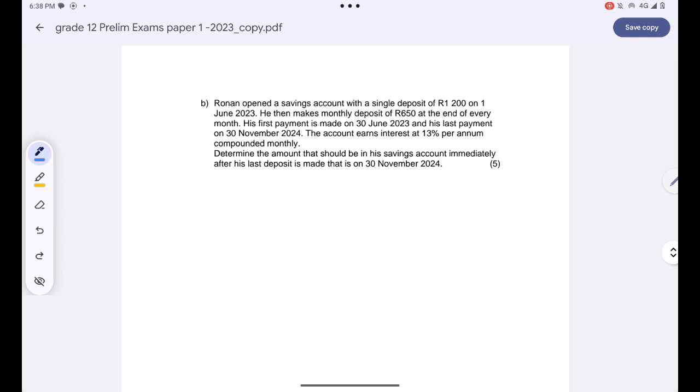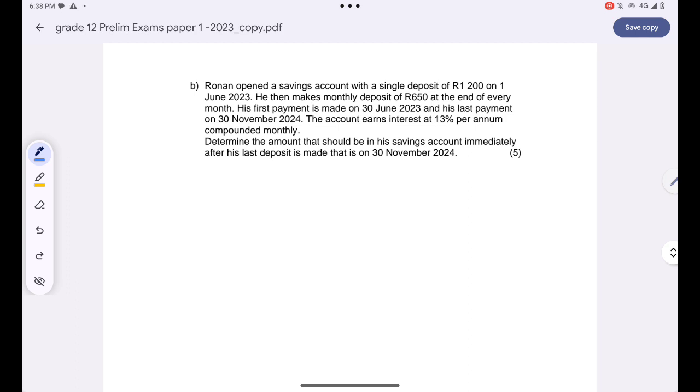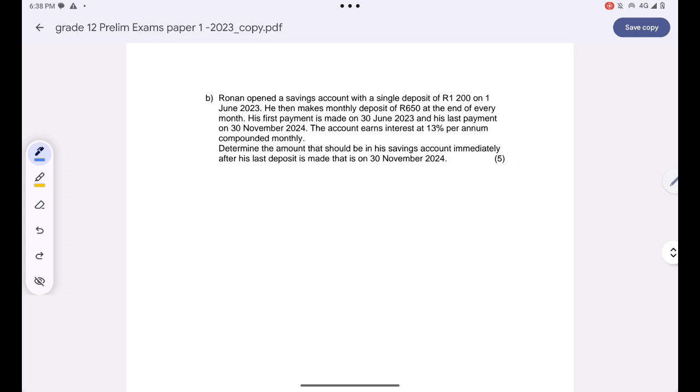Over here, yes, Ronan opens one account, but on that account there are two separate investments. We have a single investment as well as an installment investment.